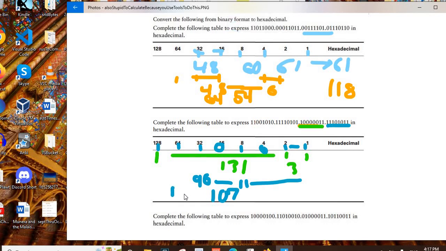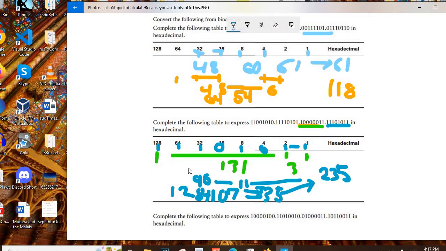So 128 plus 107 equals 5, carry the 1, gives us 3, that's 2. 235. Hopefully that was easy enough to follow along. I wasn't writing it top down, but hopefully that was easy enough to follow along.